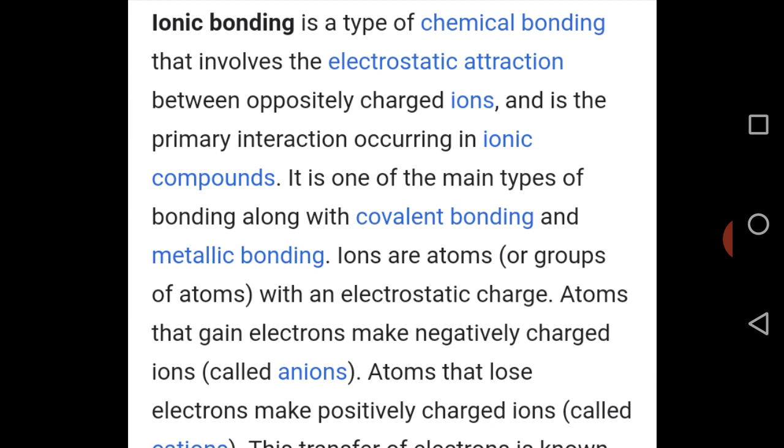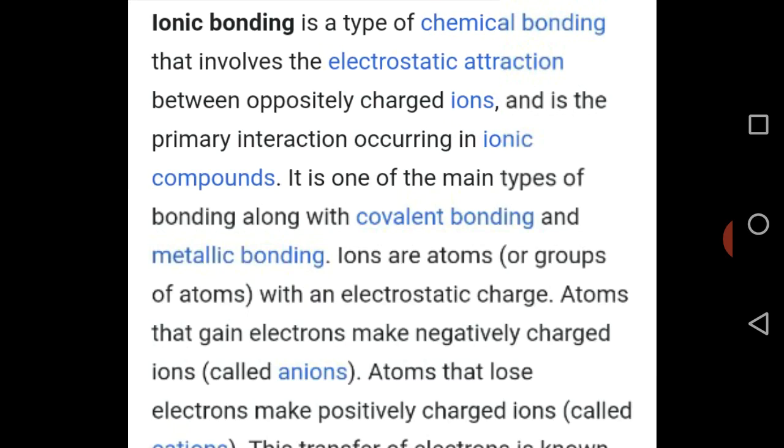The attraction between two opposite charges is very strong, so it is electrostatic attraction and it binds the sodium and fluoride ion. It is the primary interaction occurring in ionic compounds. It is one of the main types of bonding along with covalent bonding.